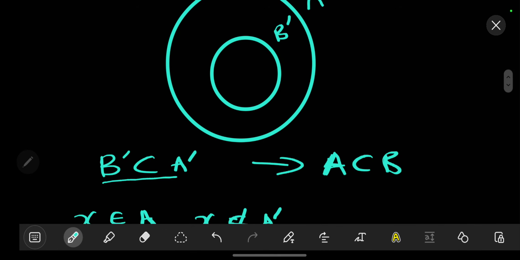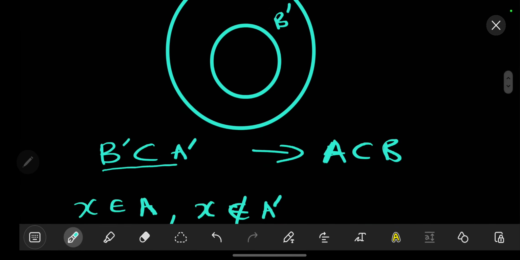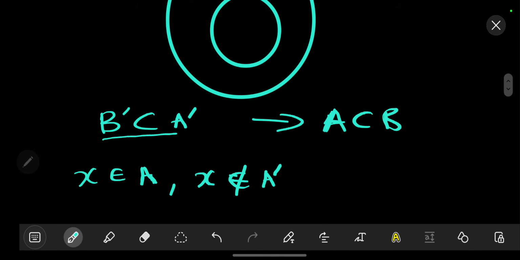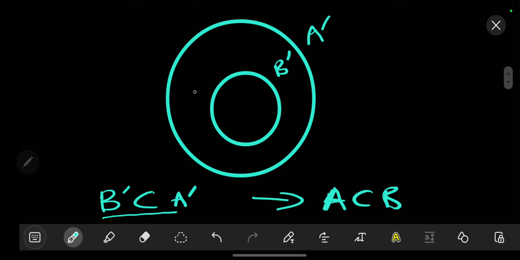What does this tell you? Now remember, if X is not a member of A complement, see, your A complement is the bigger set, and your B complement is found inside.